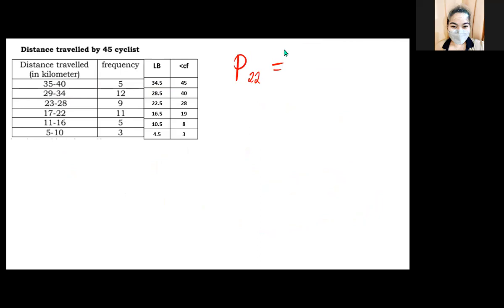Pwede kayong gumamit ng annotation. Sino ba gusto magsagot? I-enable ko lang. Ayan, naka-enable na. So, makikita kayong pencil dyan sa baba. And pwede kayong magsagot. Kung sino gusto, pwede naman kayo sabay-sabay.